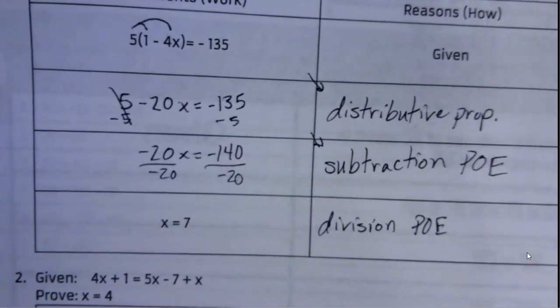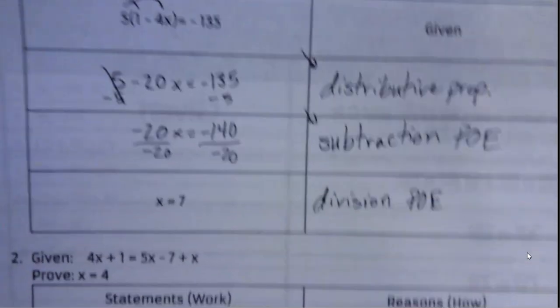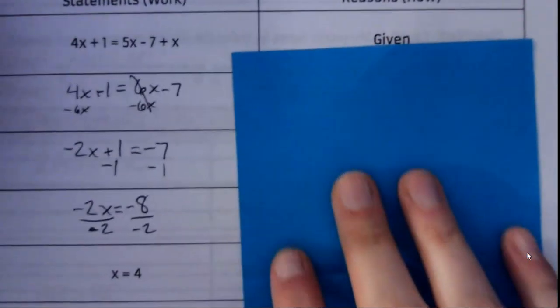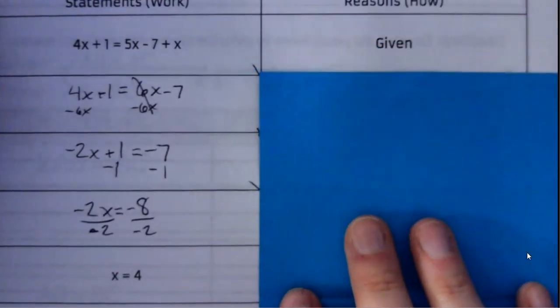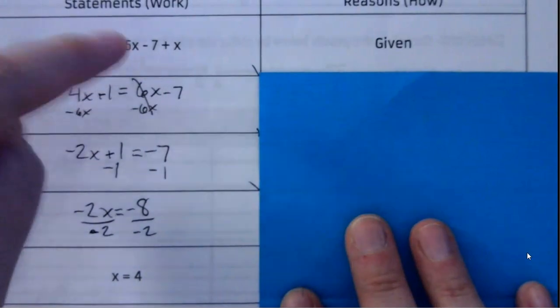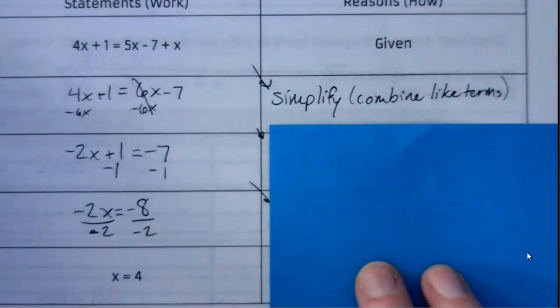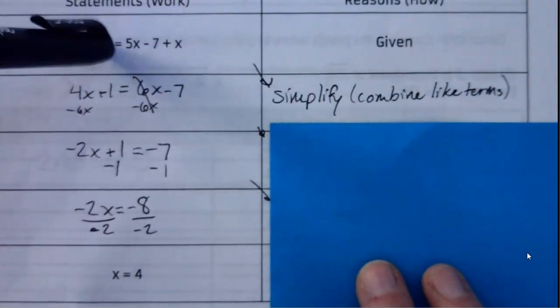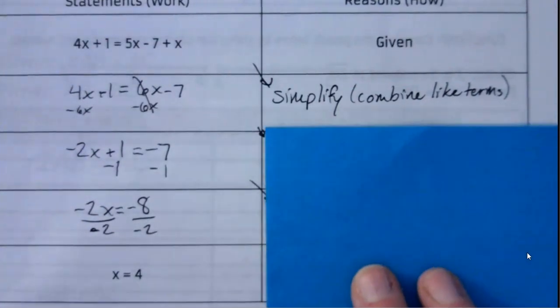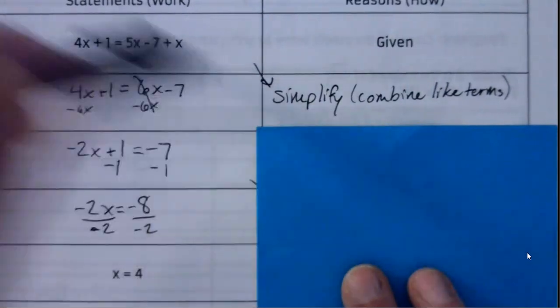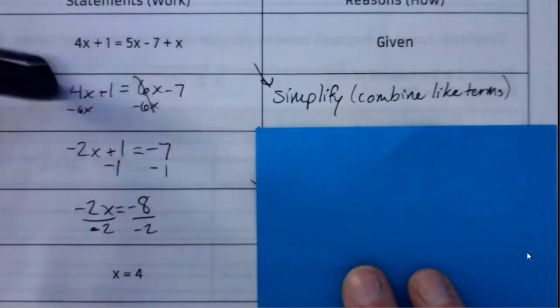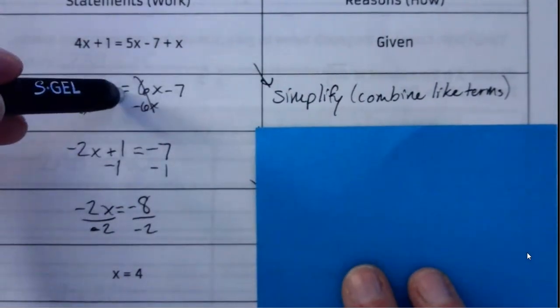But let's look at this next one. This one is the one that can be a little trickier. So notice the boxes. Make sure you're not putting addition in this one because you are only adding on one side of the equation. It's a common mistake, but you are combining like terms from here to here. So you should end up with this on the second step no matter what.